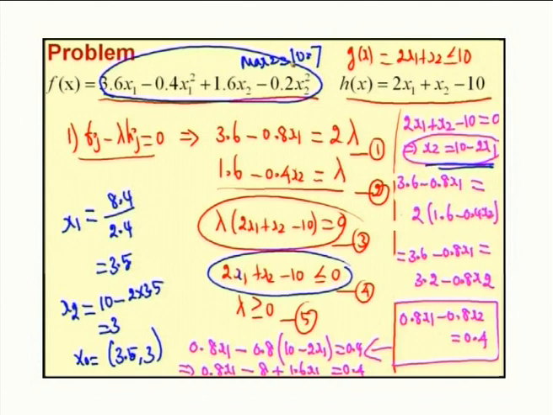So, with the help of Kuhn-Tucker conditions, the objective function takes the maximum value 10.7 for x1 equal to 3.5 and x2 equal to 3. Let me recap. A given nonlinear programming problem with a single inequality constraint can be easily solved with the help of the necessary condition, which we call the Kuhn-Tucker conditions.